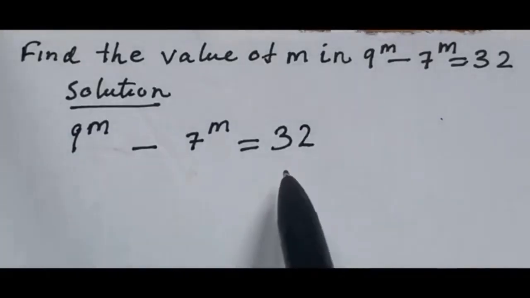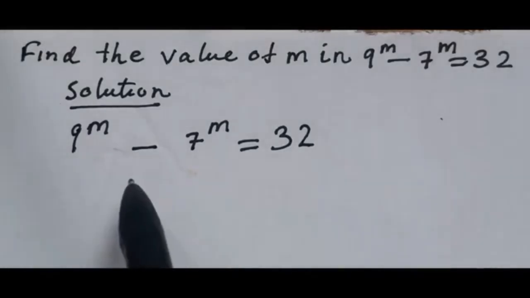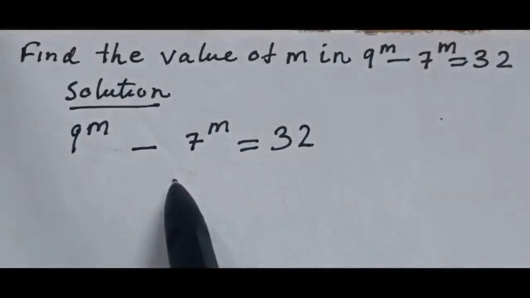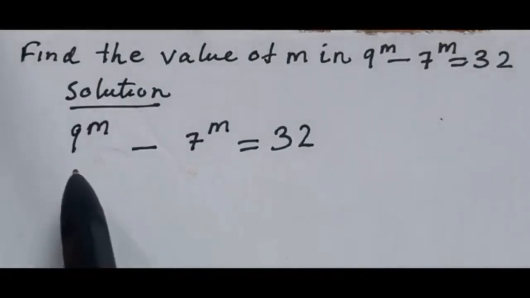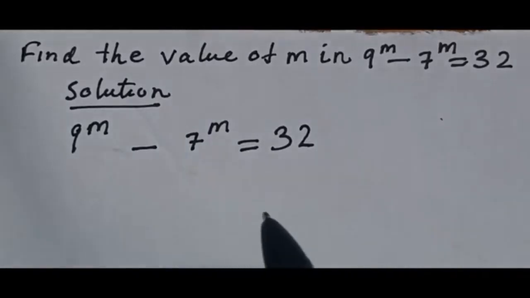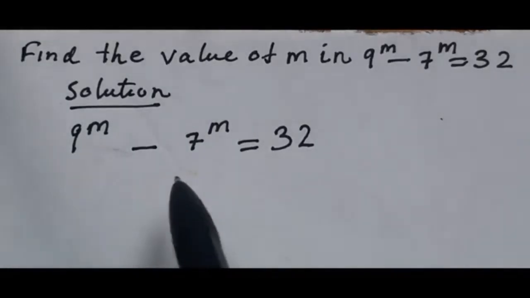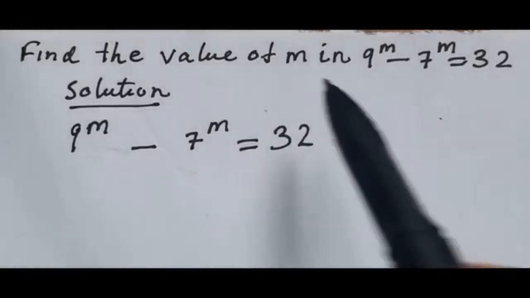In order to get the value of m, the first step which we are supposed to go about is to express the left-hand side in the form of the difference of two squares. How can we do this?